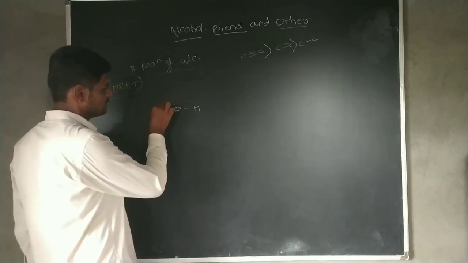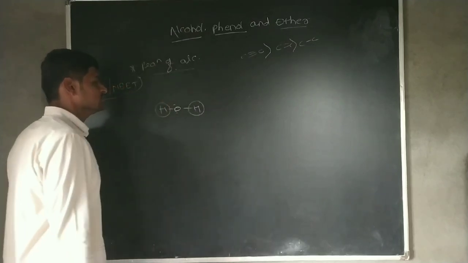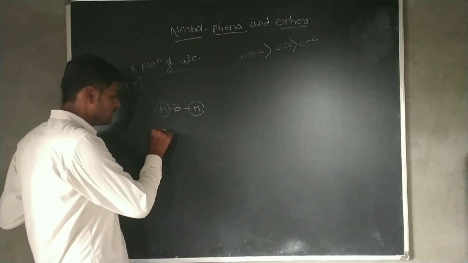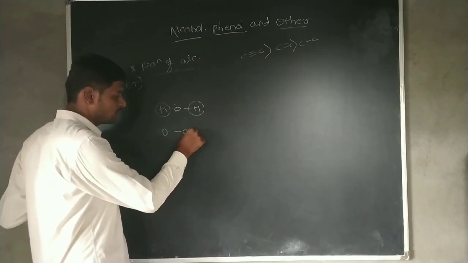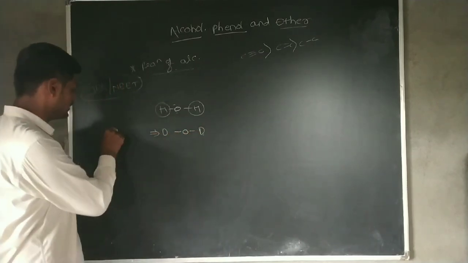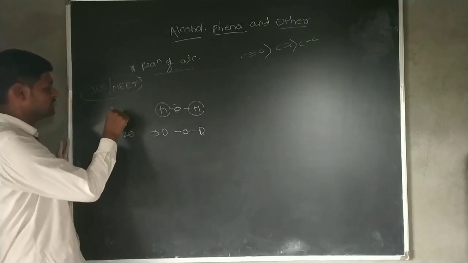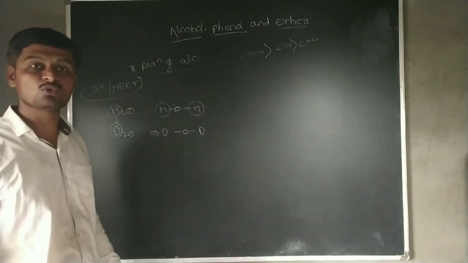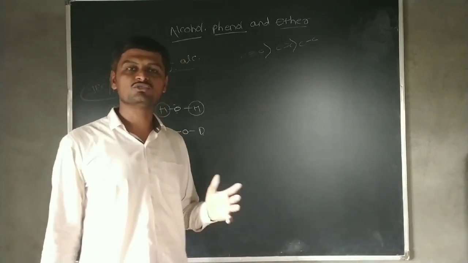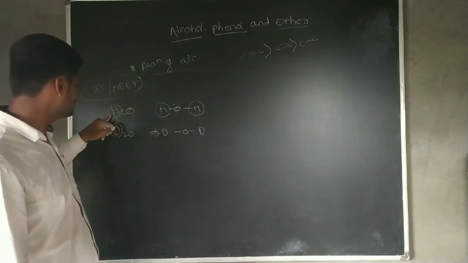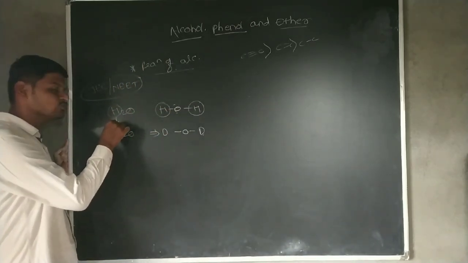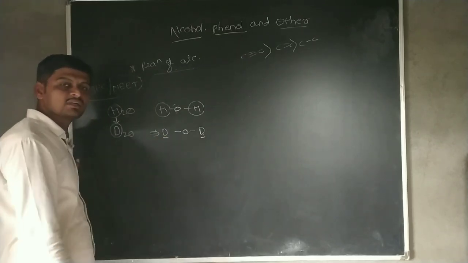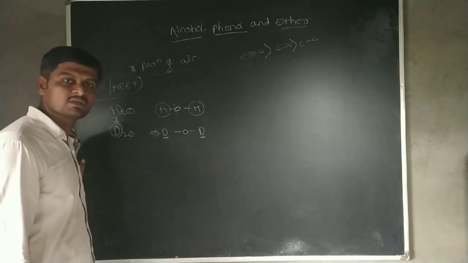But in this case, these two hydrogen atoms are replaced by deuterium, so this is D2O and this one is H2O. Deuterium is an isotope of hydrogen, denoted by capital D.